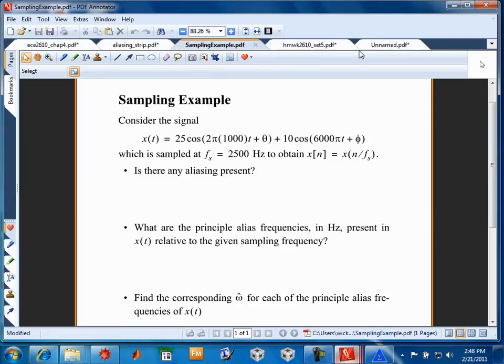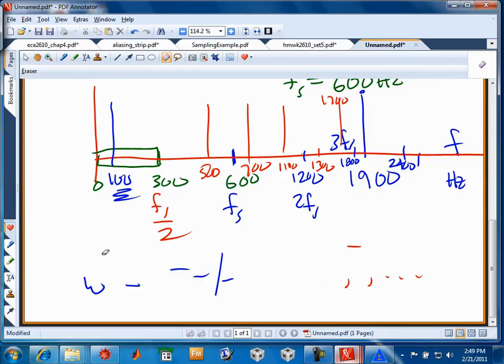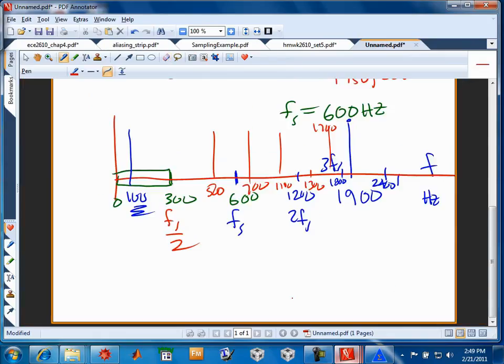The other thing I didn't do in this example, even though I've got it pretty well crudded up, I'm going to clear some stuff off here and show you something else, since there was a question about omega hat. This is very cool also, the way the math works out. I can draw the omega hat axis.